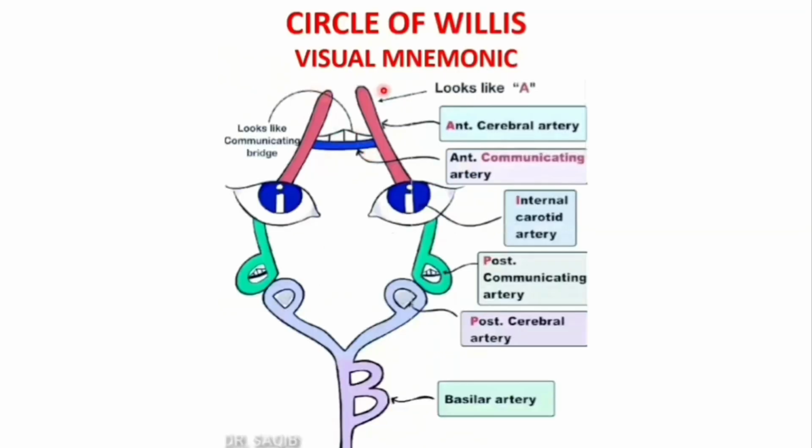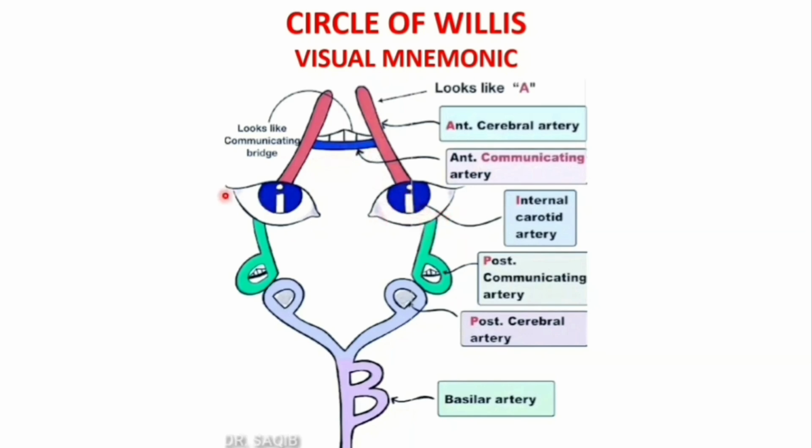And this is a visual mnemonic I made for you, this circle of Willis. You could see this looks like A. This is A, and anterior cerebral artery, and here you could see this is the communicating bridge, right, which is the anterior communicating artery. So anterior communicating, anterior cerebral, and this is the internal carotid artery.